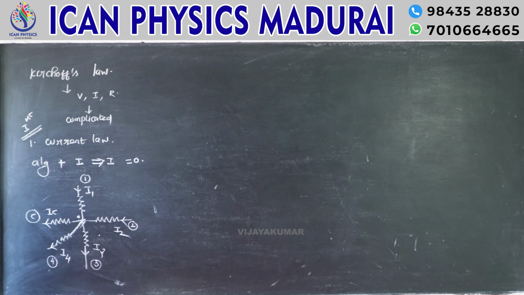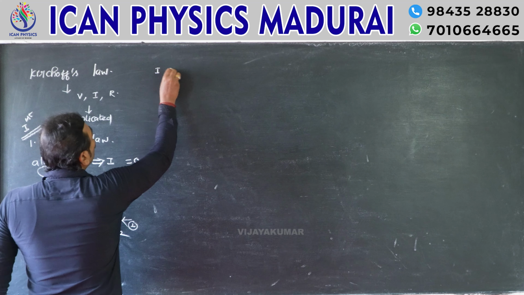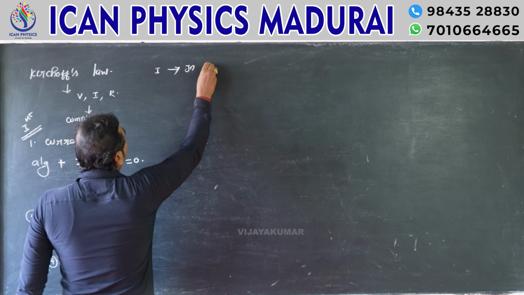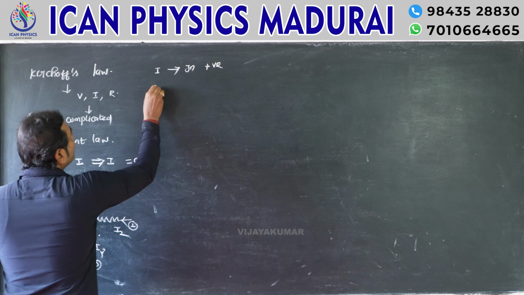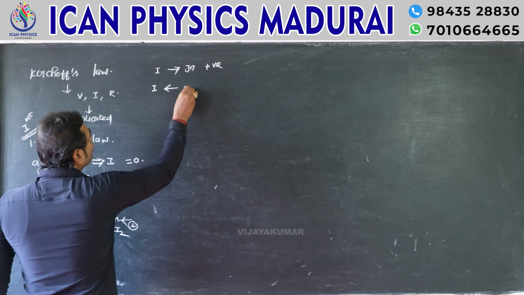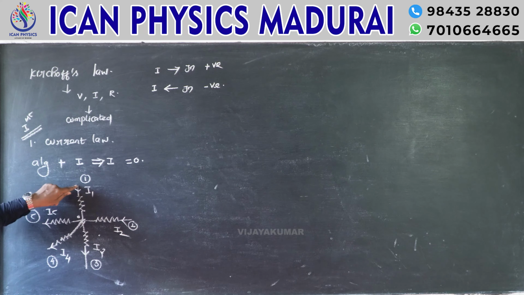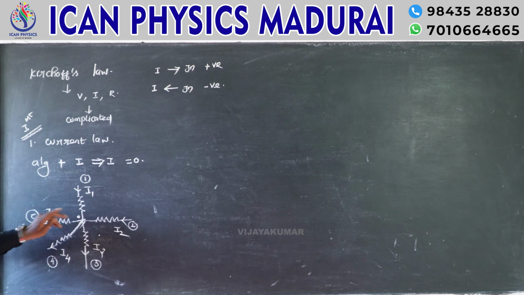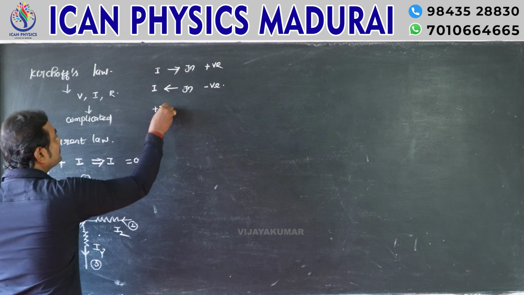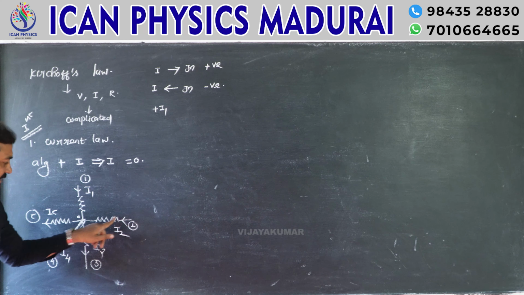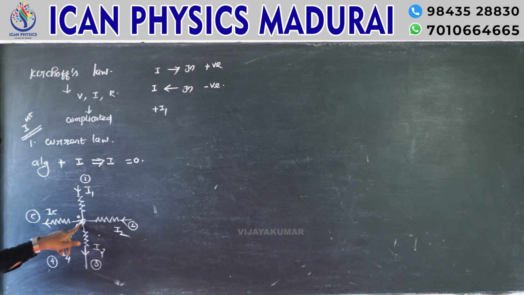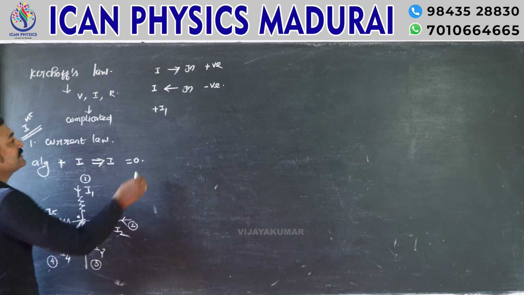So, how can we write the equation? We said the algebraic sum of current meeting at a junction is 0. When the current is moving towards the junction, it has a positive value. When the current is moving away from the junction, it has a negative value. I1 and I2 are moving towards the junction, so plus I1, plus I2.